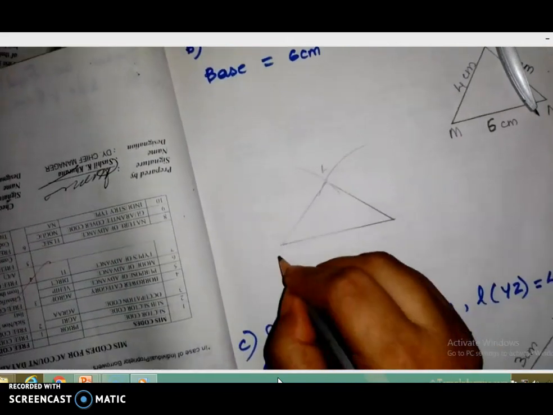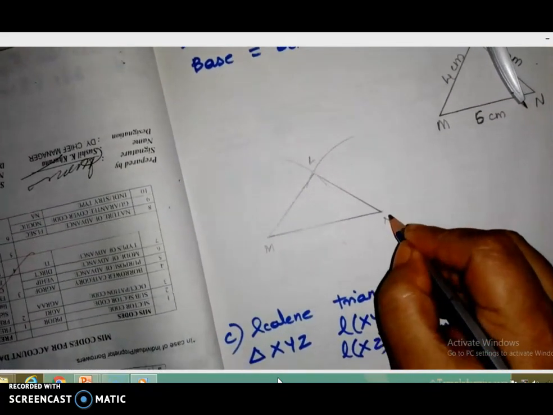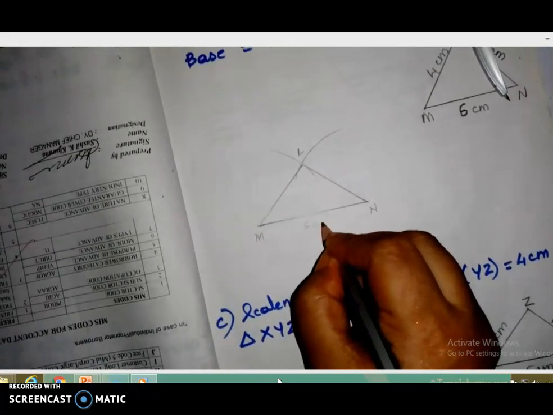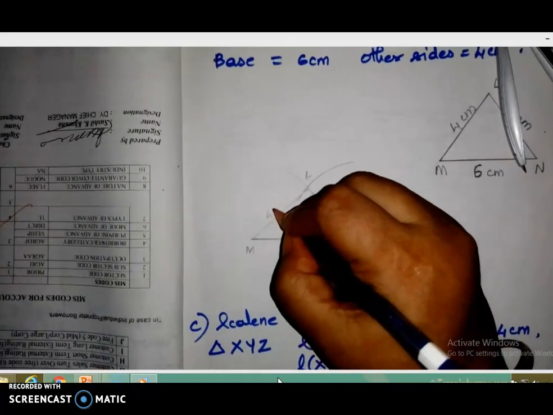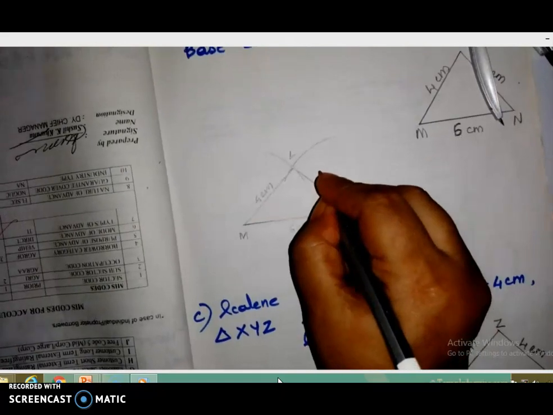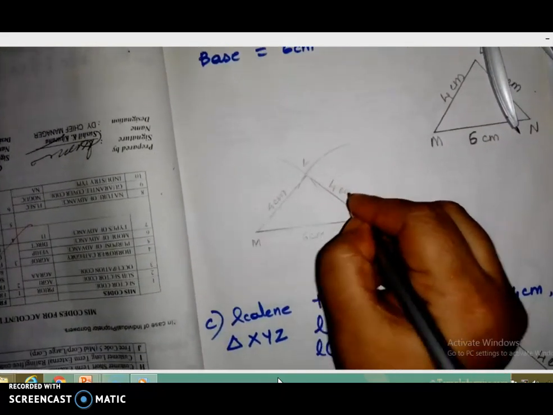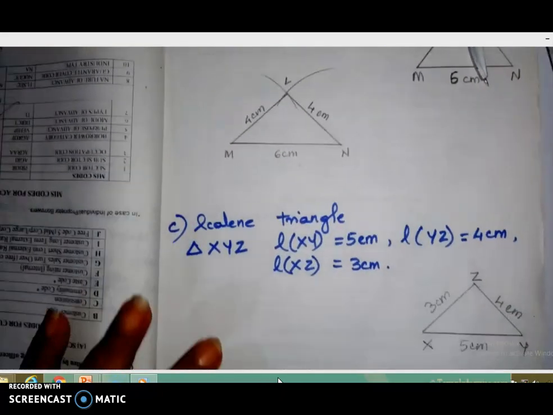L, M and N. Base is 6 centimeter and the other two sides are 4 centimeter each. So that completes the isosceles triangle.